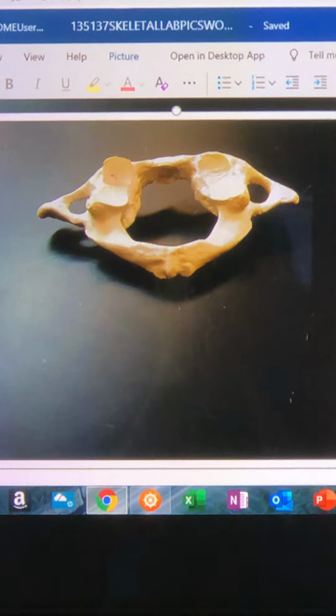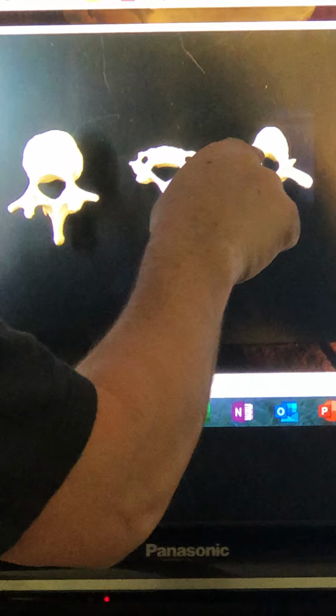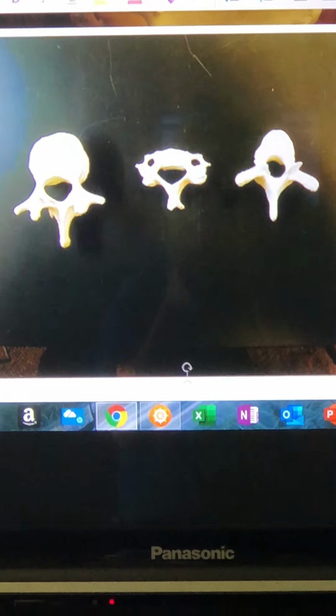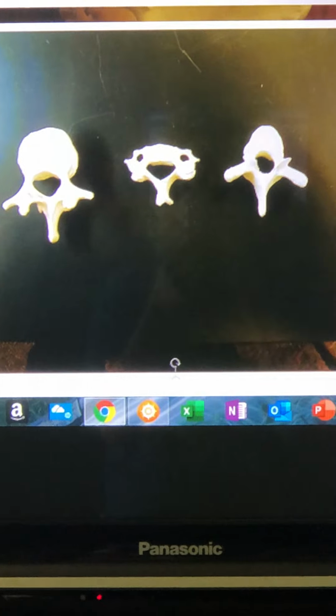We'll go back here a second. You can see these are spinous processes. But if you just know where the body is, it's in the anterior, the spinous process is posterior, the transverse processes come off each side. That is a vertebral foramen, that is a transverse foramen. That would be good on the features of a typical vertebra, is what that is listed under.